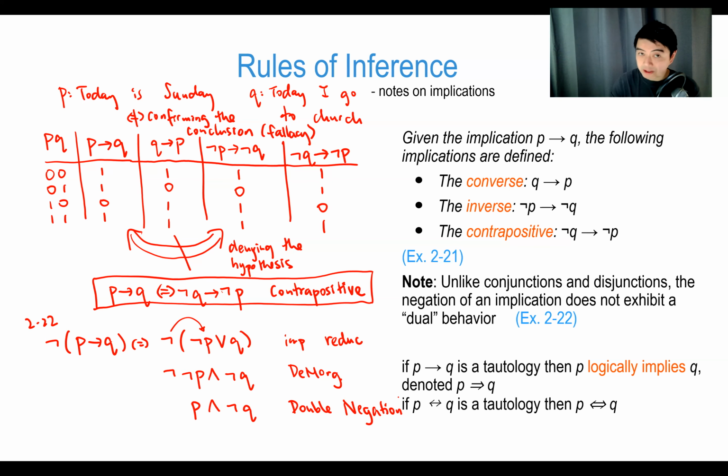So try to keep this in mind, because implications, like laws that we claim, can be falsified by claiming a case where P is true while Q is false. So we can negate that statement.